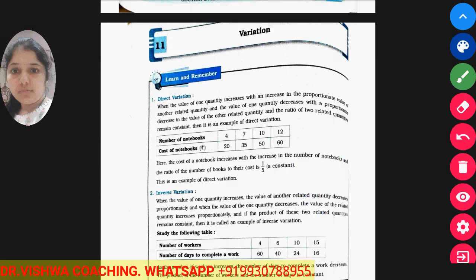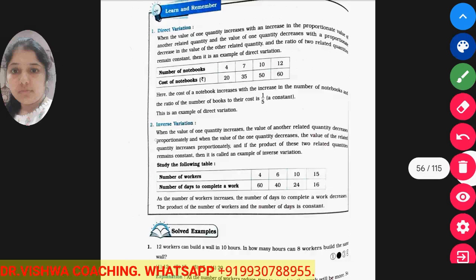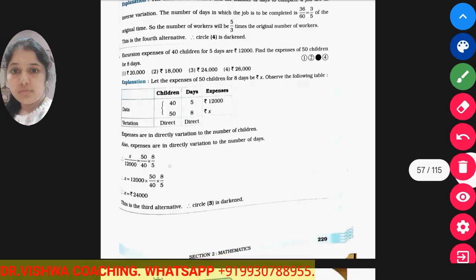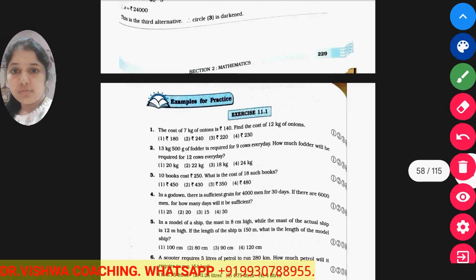So inverse and direct variation are the two types of variation, and we have to study the problems that are based on these variations. Now exercise number 11.1, we'll directly move to practice exercise to get a clear idea about it.